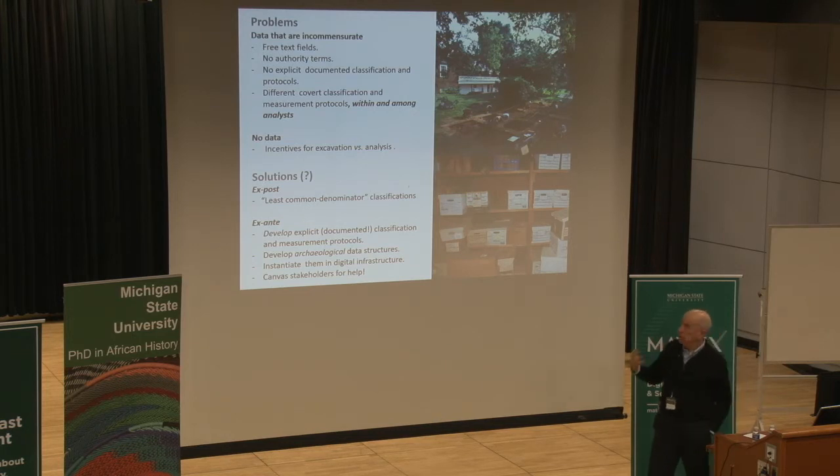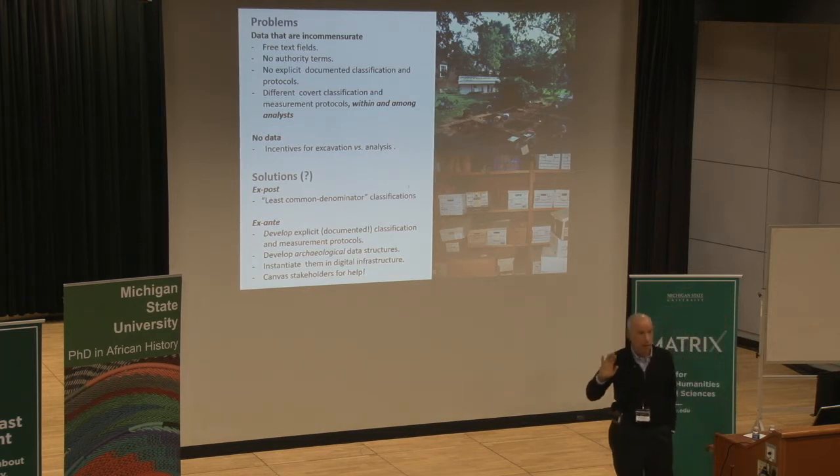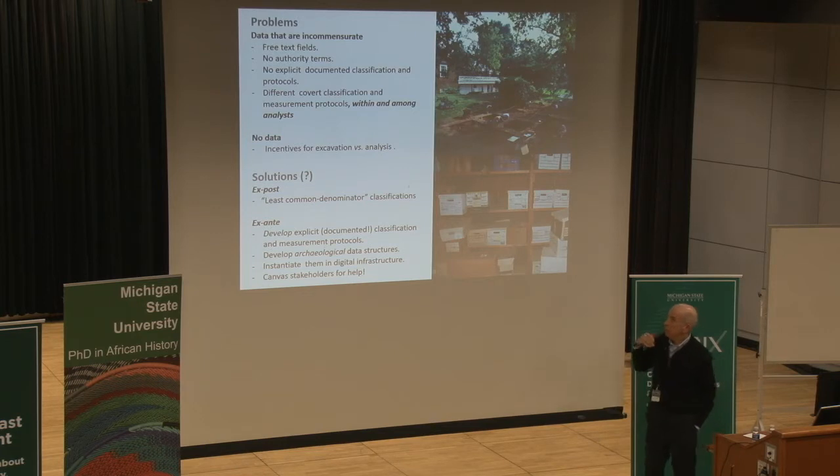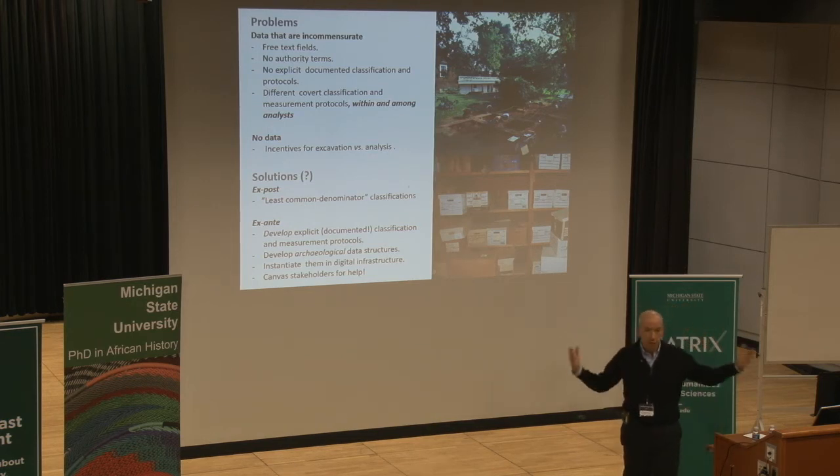Secondly, when archaeologists do create data, they often do it in remarkably unsophisticated ways, and this was especially true in the 80s and 90s. They use free text fields, they don't use authority terms, they have no explicit classification and measurement protocols, no data structures, no clue what that word actually means.